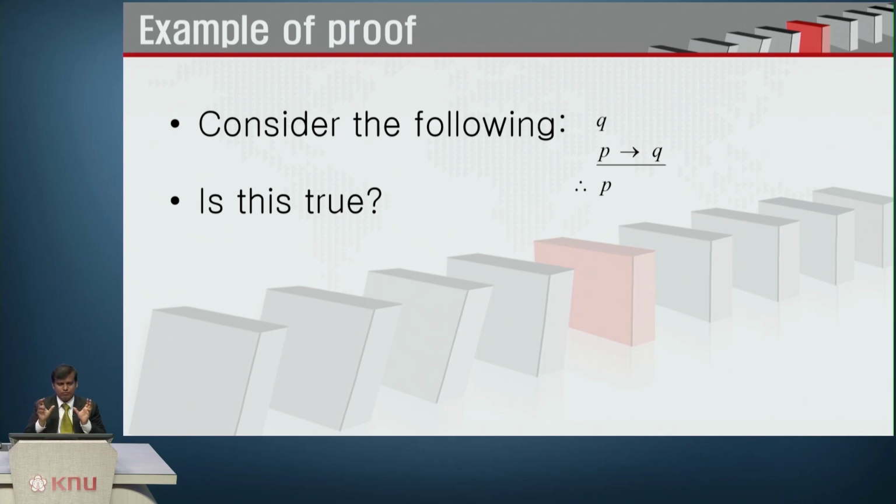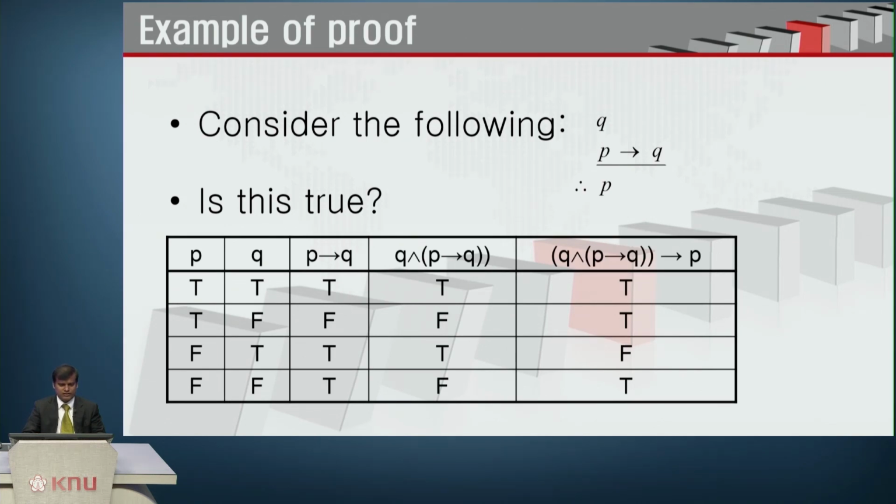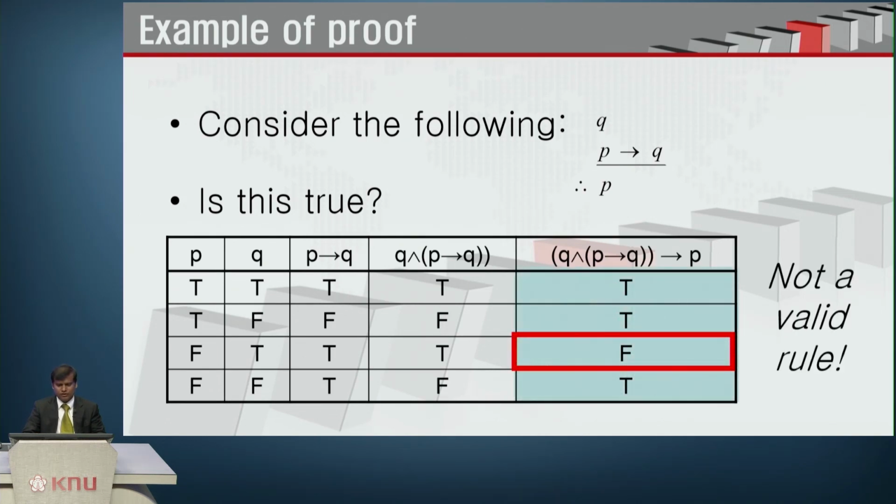Just to give a brief idea of what that could be, you can look at these statements here. This is not a valid rule. When Q is given to you, and P implies Q, therefore P. It's like you have the value of P implies Q, and there may be certain cases in which it might not be true.